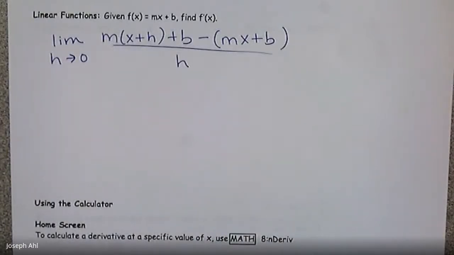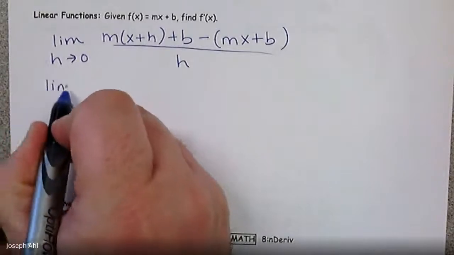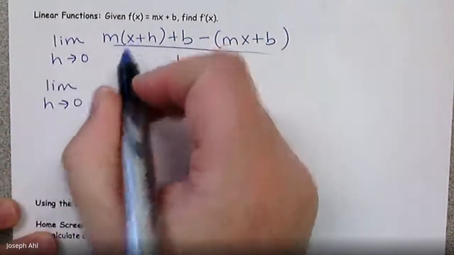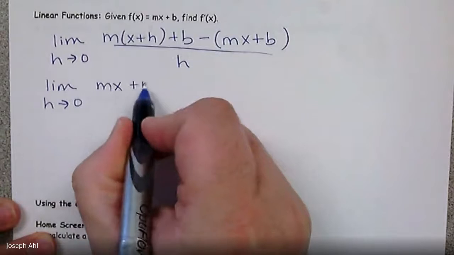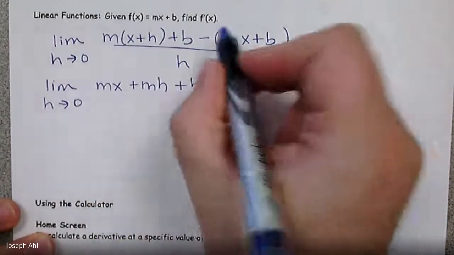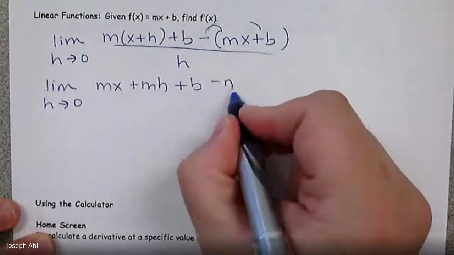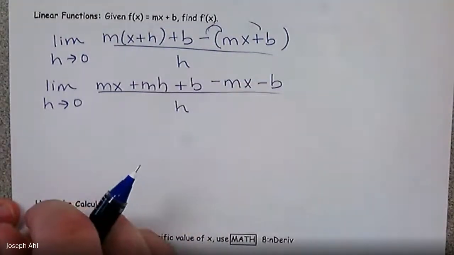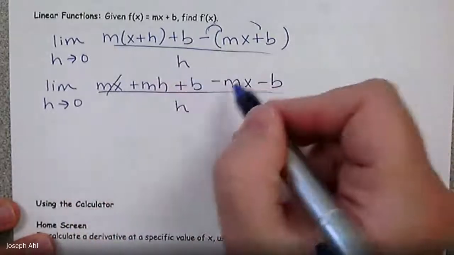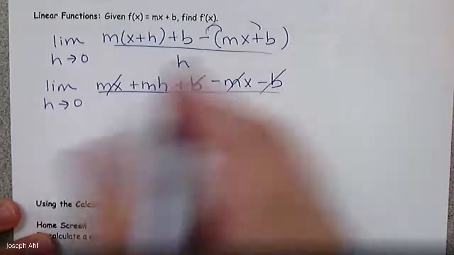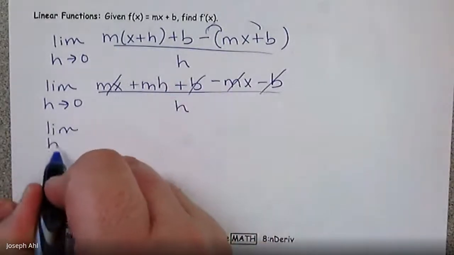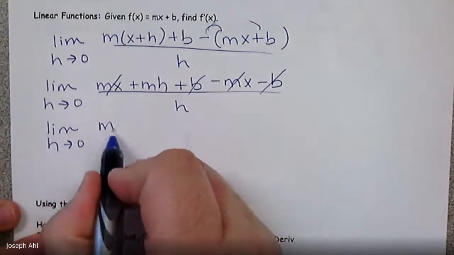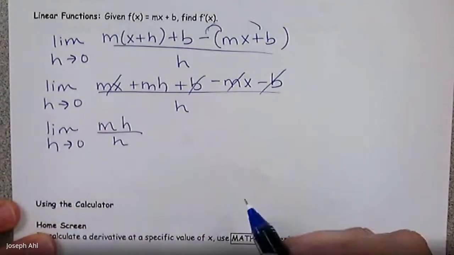So what we're going to do is clean up the numerator and see what cancels out. Distribute the m to get mx plus mh plus b. Distribute the negative here to get negative mx minus b, all over h. You'll notice the mx's cancel, the b's cancel, and we're left with the limit as h goes to 0 of mh over h.